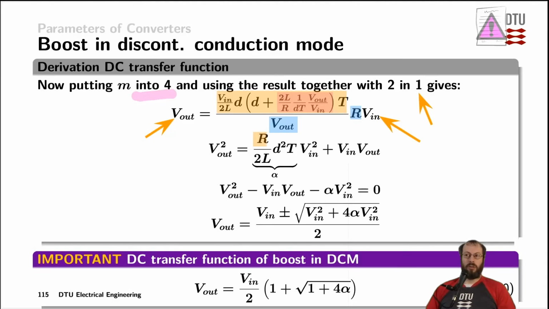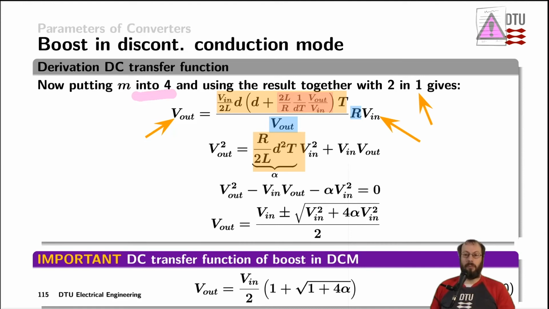Once more, we can abbreviate all the dependencies into the parameter alpha, which is again the dependency on the load resistance or the current that the load is drawing from the converter, the way we designed the converter, so the inductance and the switching frequency, and the same as in the continuous conduction mode, also the duty cycle the converter is operating with.